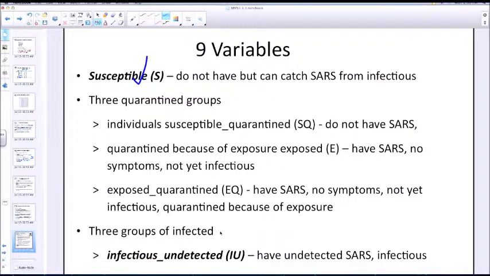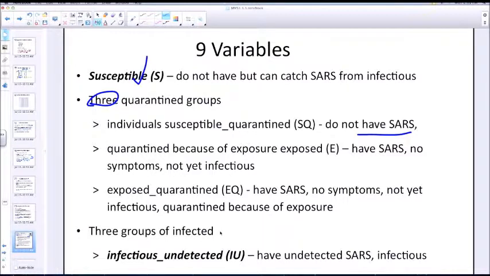But in the original population, we needed to add 3 groups of quarantined people. The first group are the individuals who are in the quarantine but do not have the SARS.